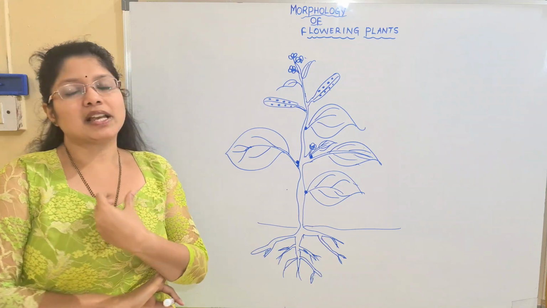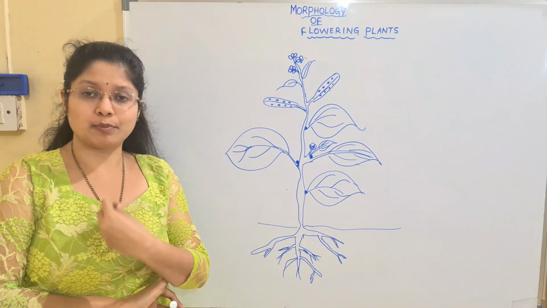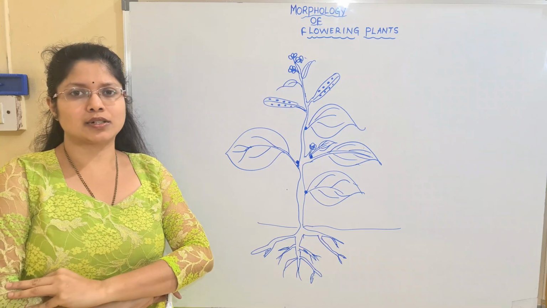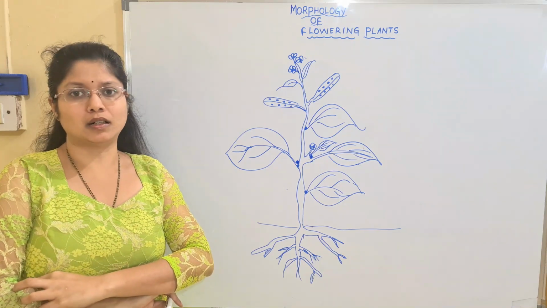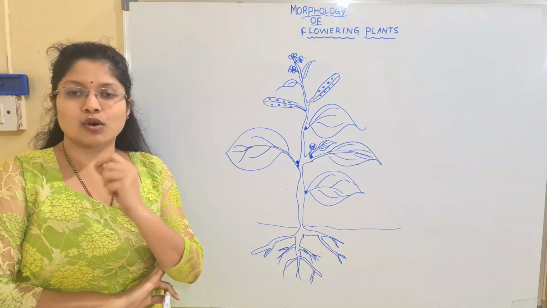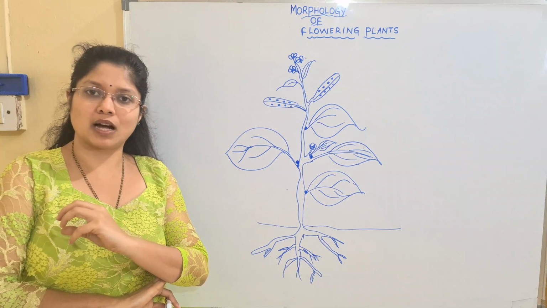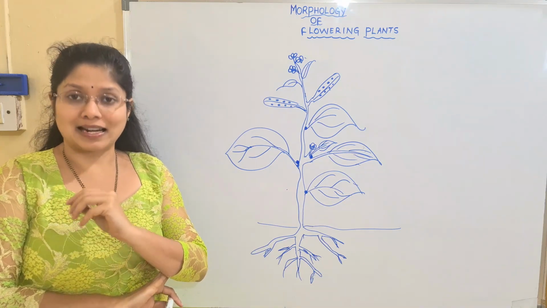So in this chapter we are learning morphology, and in morphology, which type of plants are mainly studied here? We are mainly interested in the most advanced type of plant kingdom, that is the flowering plants. Other than this, we have totally 5 groups of plants in the plant kingdom. What are the 5 groups, children? We have the aquatic algae.